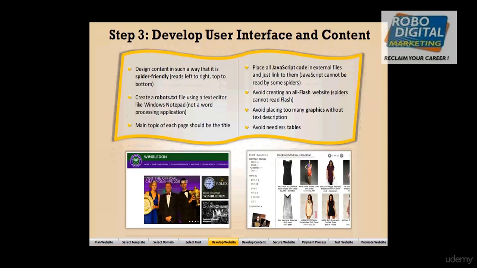website or not. If you write in this robots.txt file disallow and your website name, the search engines won't go to your website to do SEO of your website. But if you write allow, then they will go through all your content.